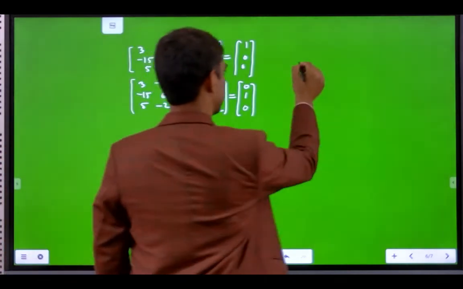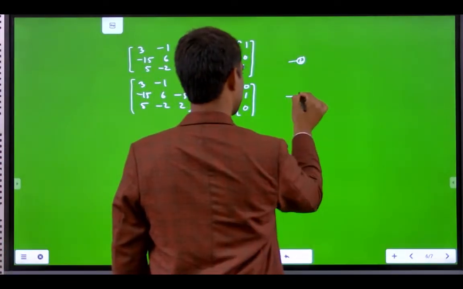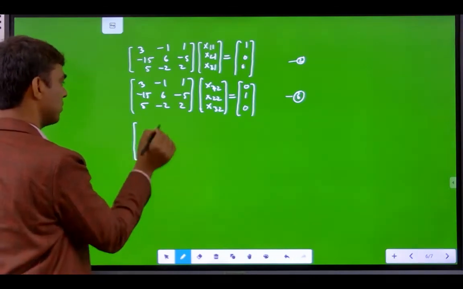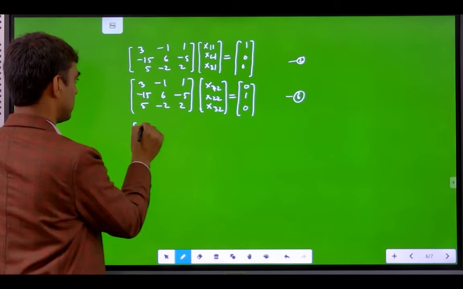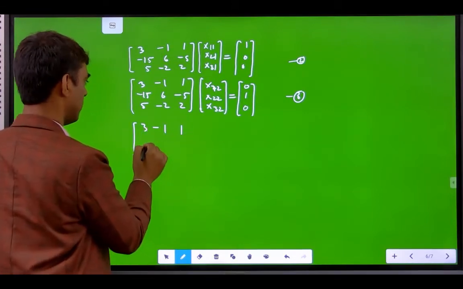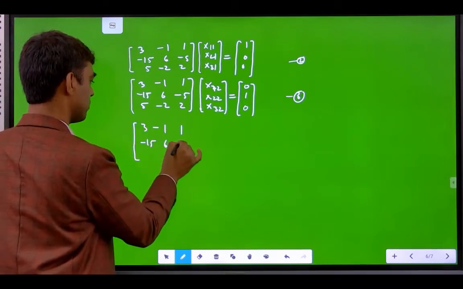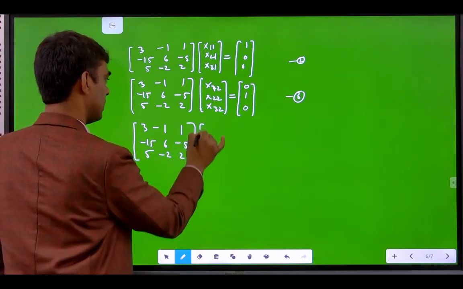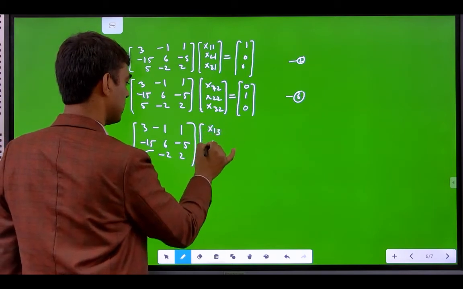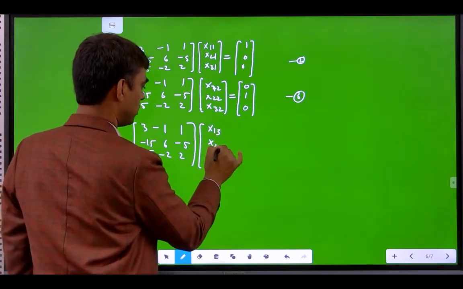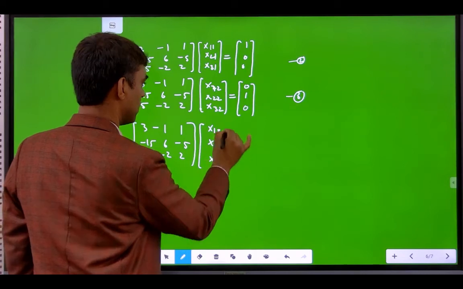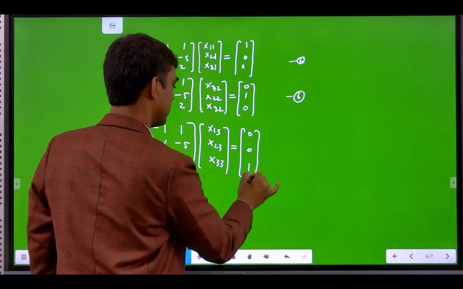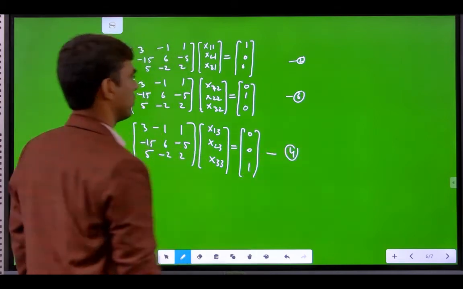Suppose this one is equation number 2, this one is equation number 3, and here we write equation number 4: the same matrix A times [x13, x23, x33] equals the third column of the unit matrix. This is equation number 4.